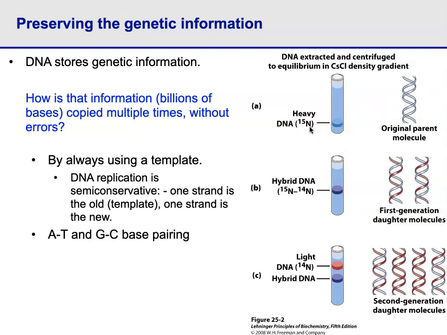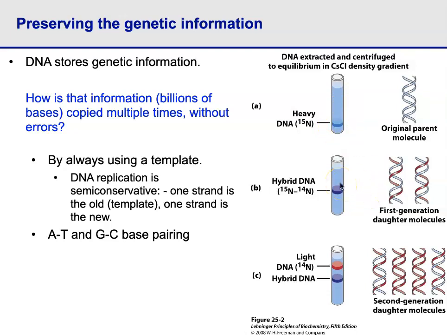And they allowed that bacteria to grow there for a long time, several generations, to a point where basically almost all the nitrogen in the bacterial culture was heavy nitrogen, or nitrogen 15. So they harvested the DNA from the bacteria and they put it on the cesium chloride density gradient gel, and they looked where the DNA positioned.